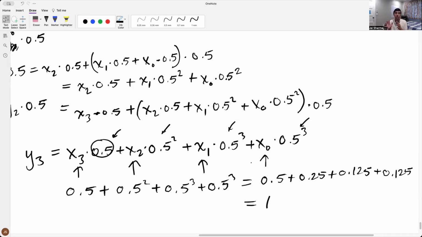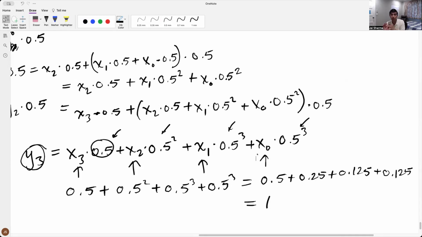And as we do this for y4, y5, y6, y7, and so on, what you would start to see is that this would always be an exponentially weighted moving average. This would always be a weighted average of all of the previous x values.